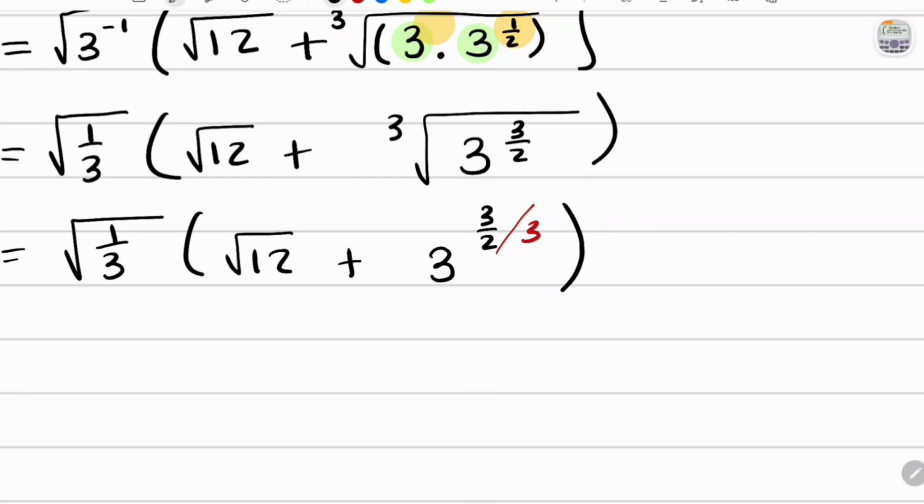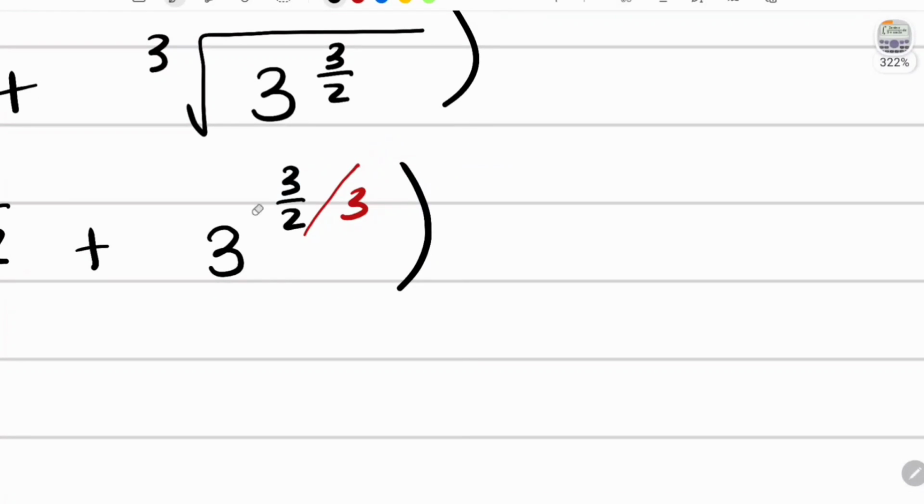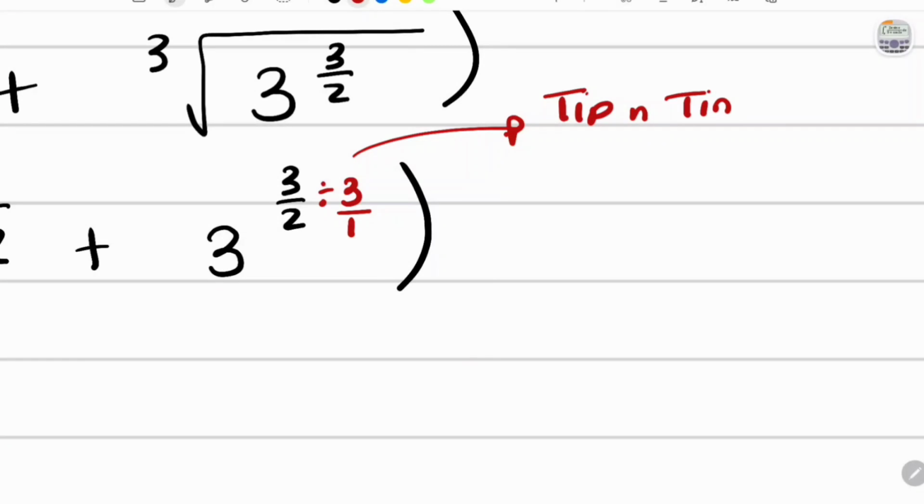Okay, and I'm just going to simplify this already on the screen like this. Since it's 3 over 2 divided by 3, instead of writing it like that, I could say 3 over 2 divided by 3. When we're dividing by a fraction, this needs to be a fraction as well, so you can put 3 over 1. The rule for dividing fractions is that you need to tip and times.